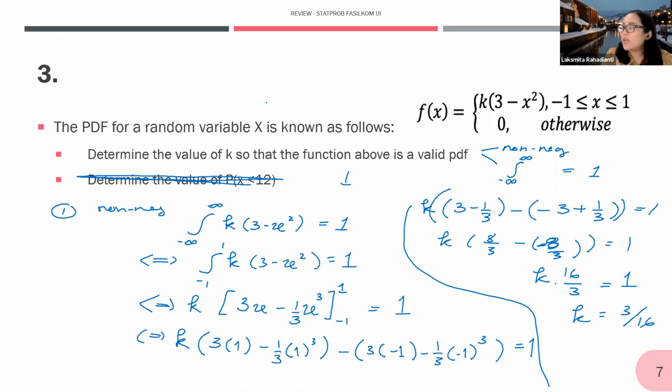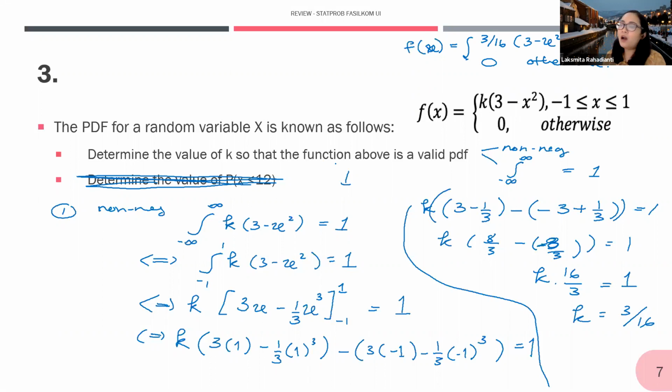So now I know that the correct PDF should be f(x) equals 3 over 16 times (3 minus x to the power of 2) for x from -1 to 1, 0 otherwise. So ignoring my mistake here, the follow-up questions to this type of problem could be of a variety of things.